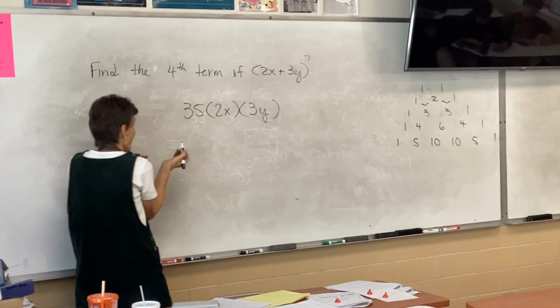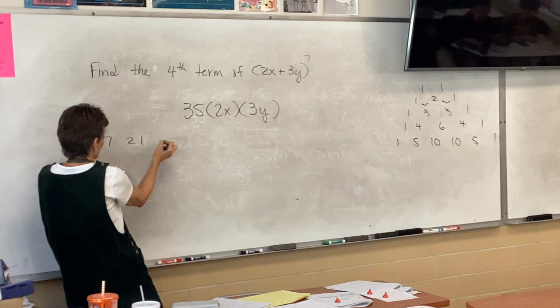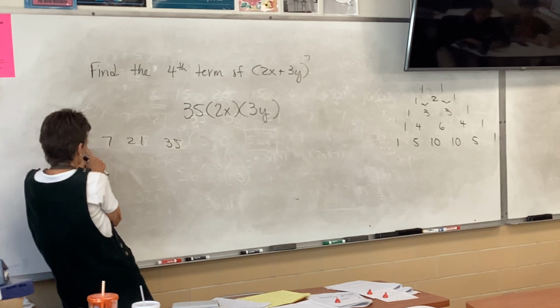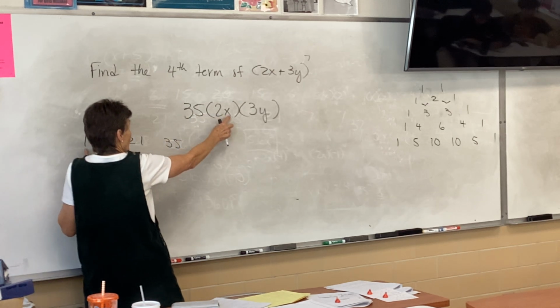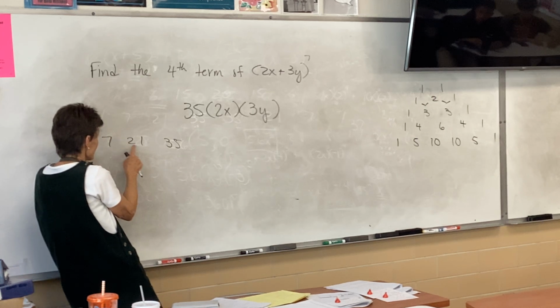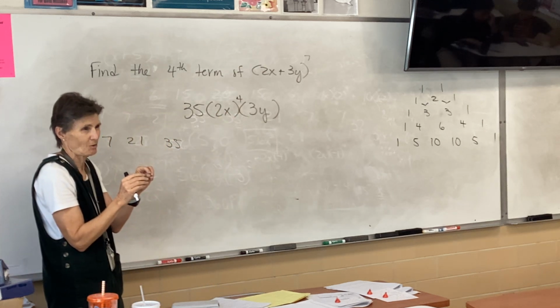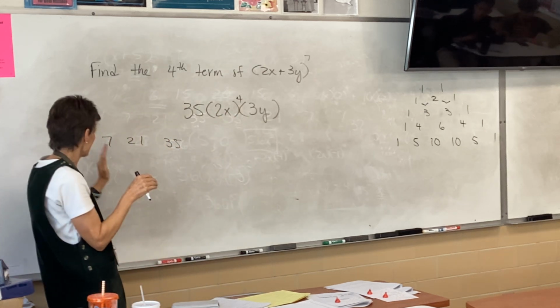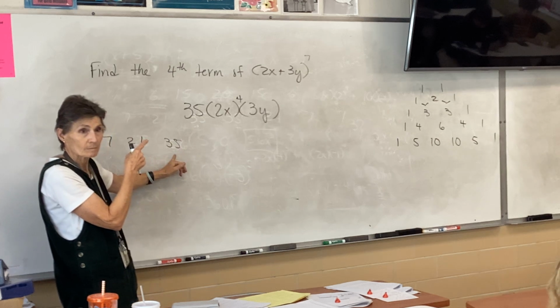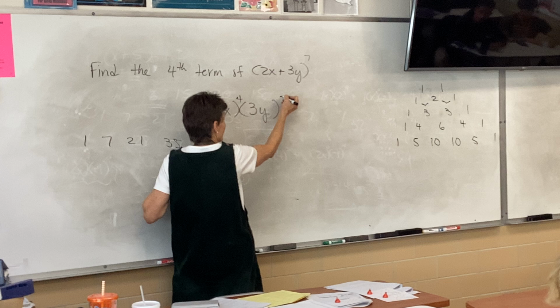And then I gotta put my powers on. Well, remember, here's my row. Right here, the power on the x would be 7, 6, 5, 4. Now that 4 doesn't have anything to do with being the fourth term. It just so happens that when I count down, it's 4. Which makes this one what? 3.